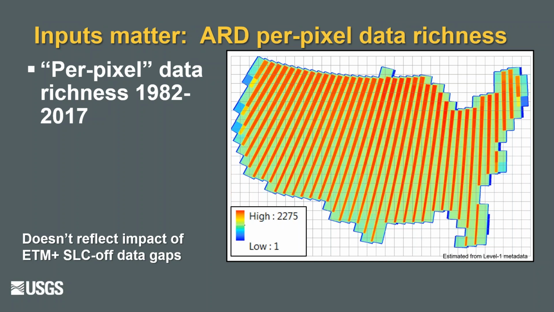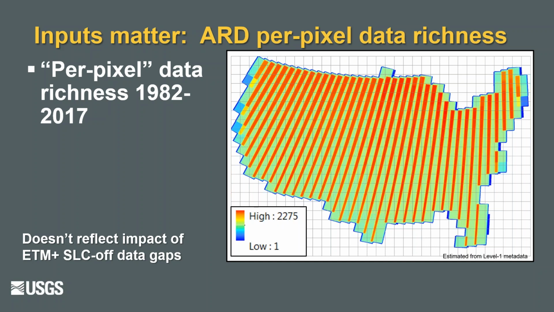In the red areas, you have higher numbers of observations because as Landsat orbited, there were overlaps, and we looked at pixels. Often these are within 1 day. In the middle, where we have lower pixel richness, we have to make sure that our change detection is robust enough to detect even change.